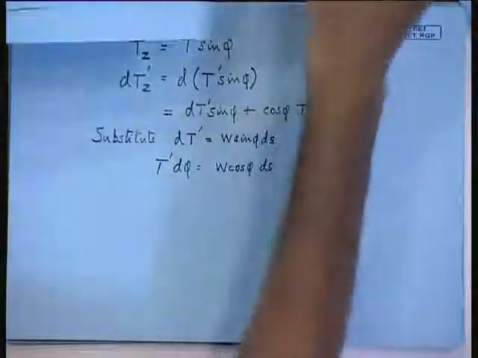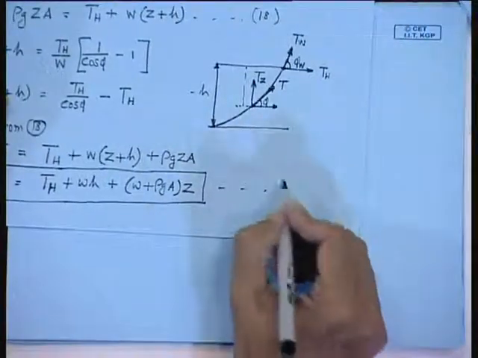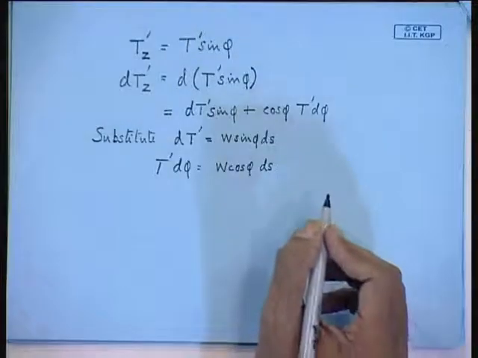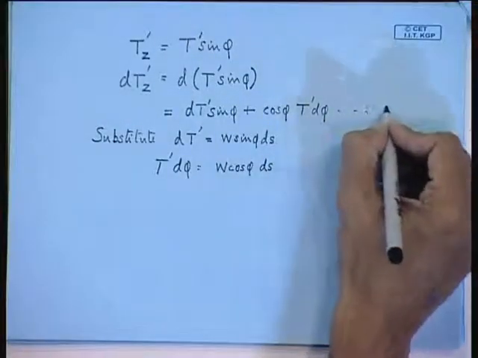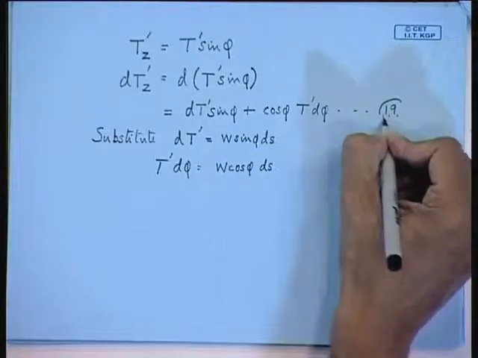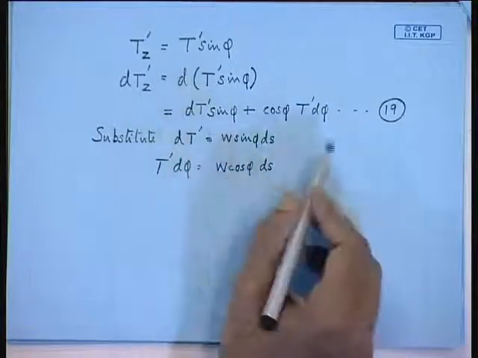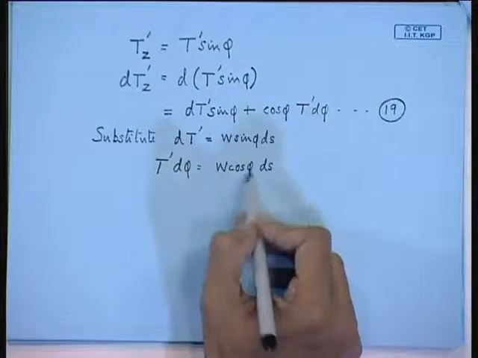Let us say this is our equation 18 and this is our equation, say, 19. So we substitute in 19 and see what happens. dT prime is this one and T prime d phi you just simply substitute.